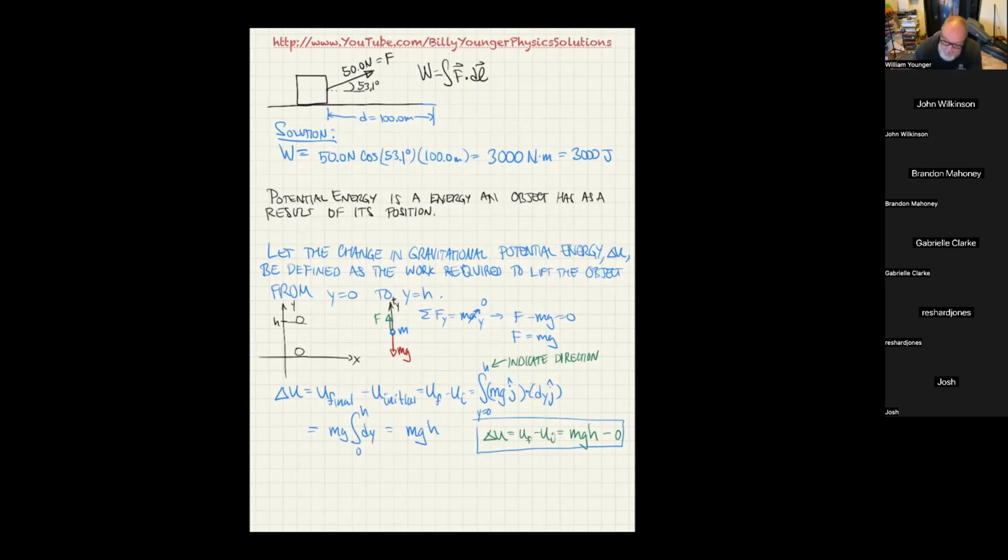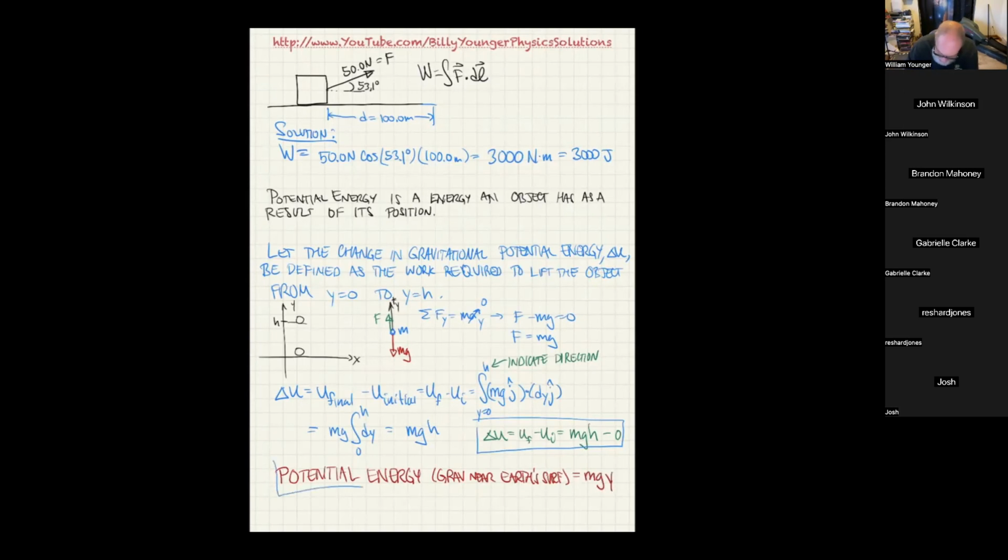So we now have a formula in general. There are other types of potential energy, by the way, so I'll put potential energy, gravitational, near Earth's surface, is equal to m times g times y.